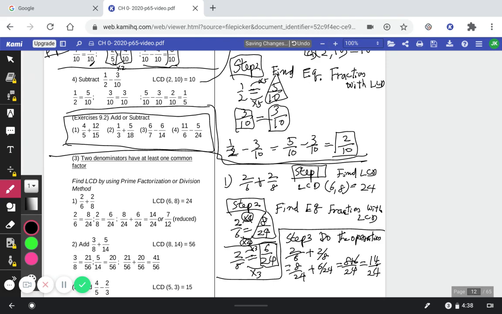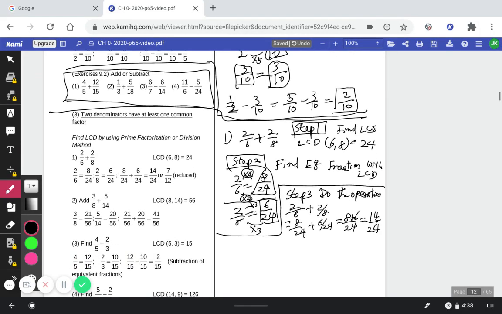And you always have to reduce if it's reducible to get a final answer. Otherwise, you won't get the complete credit. So 14 is 2 times 7 and 24 is 2 times 12. So the 2 and 2 cancel out. You end up with 7/12 as your reduced and final answer. Okay.